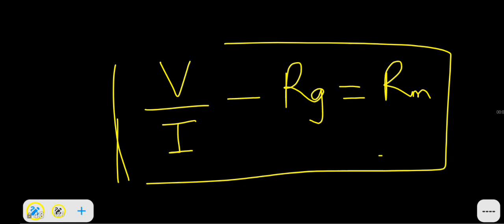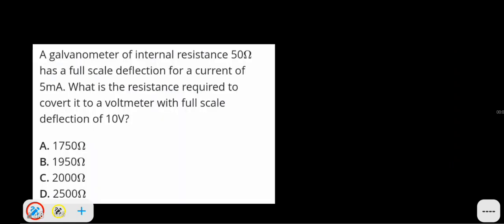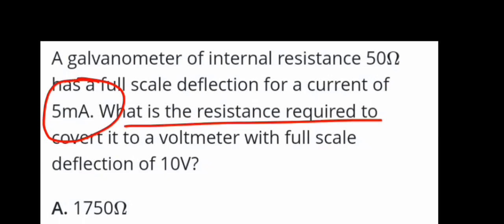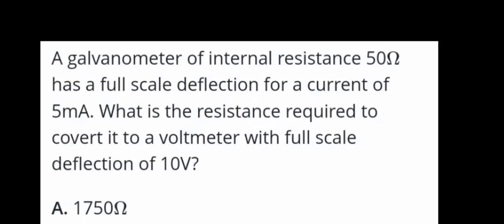So let's take some questions. For this question, we are told that a galvanometer of internal resistance 50 ohms has a full scale deflection current of 5 milliamperes. What is the resistance required to convert it to a voltmeter? So this is a galvanometer to voltmeter calculation. You are measuring a voltage of 10 volts.